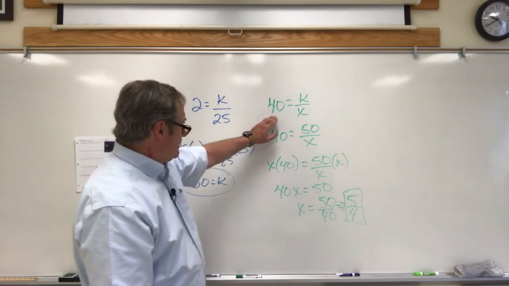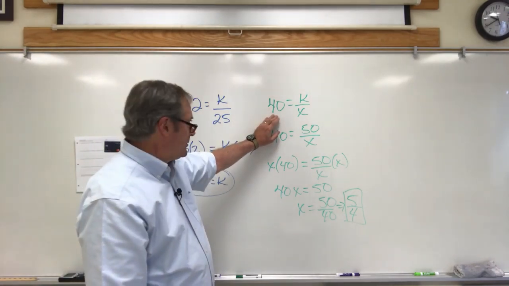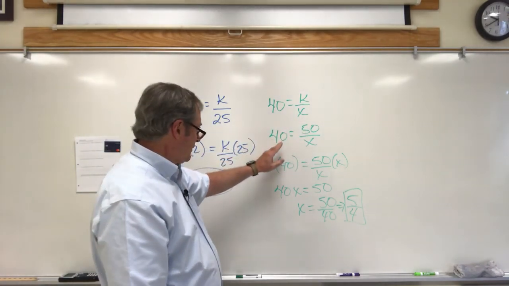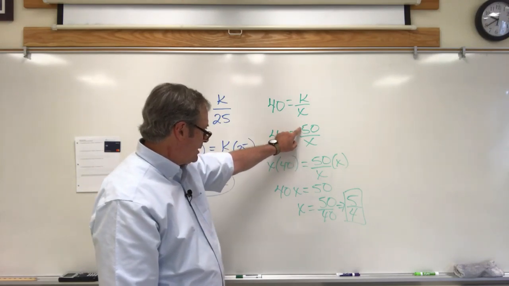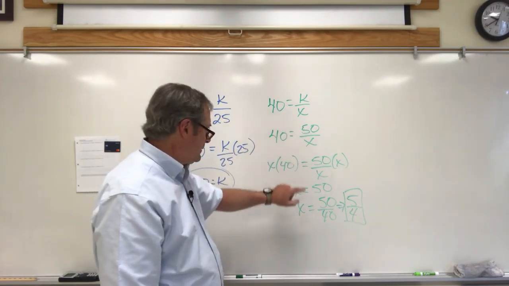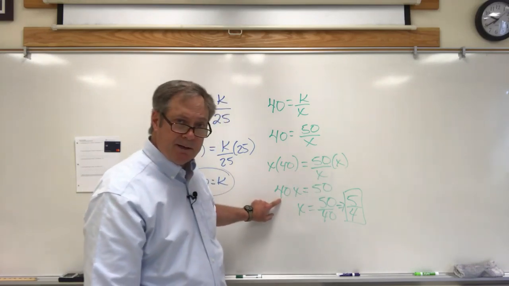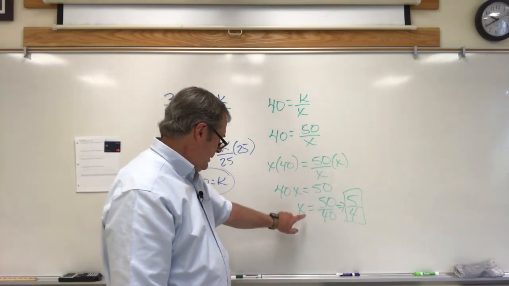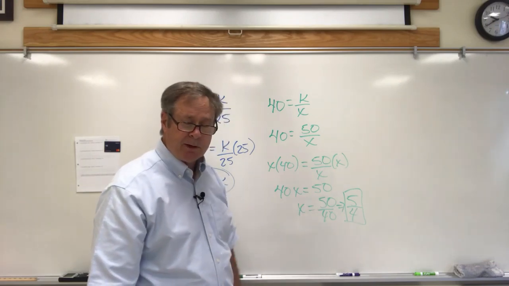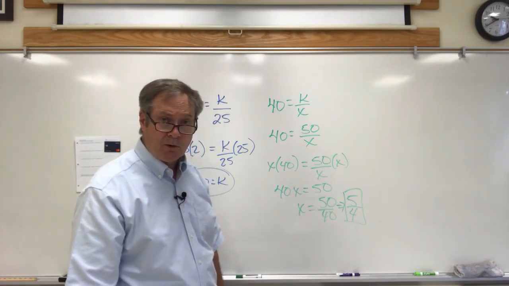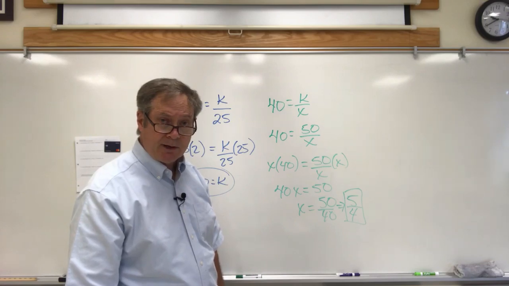Then we're given another y value. We're asked to solve for x. So we start off with the y value this time, plug in our constant of 50. We multiply both sides by x. Then over here we're going to divide both sides by 40. And so we have x is 50 over 40, which reduces to 5 over 4. And that was number 3.